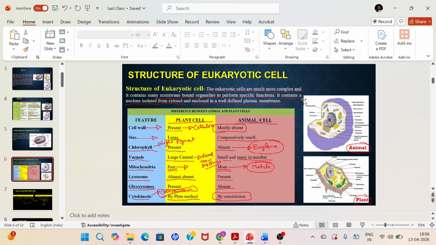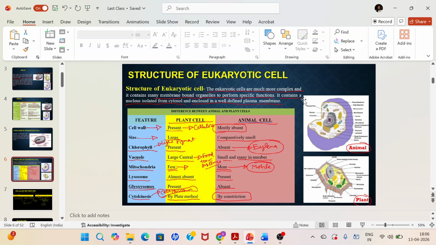Chlorophyll is present in plant cells while it is absent in animal cells. One exception here is Euglena. Next, plant cells have a large central vacuole while animal cells have smaller and many vacuoles. The number increases in animal cells, while in plant cells there is only a single large central vacuole. Mitochondria: plant cells have few, animal cells have more.